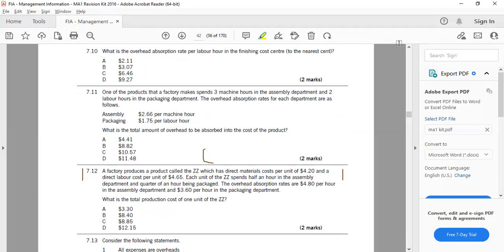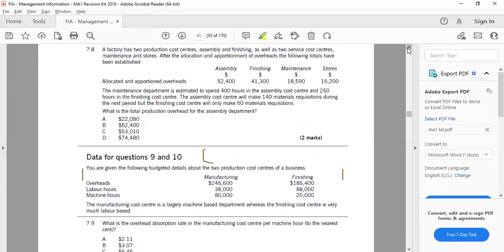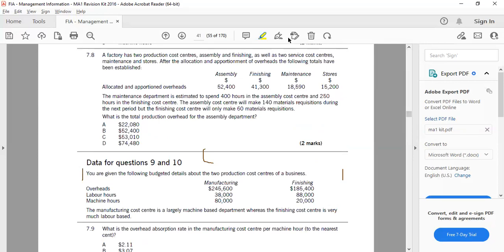What is the overhead absorption rate per machine hour in the finishing cost center? Did you divide this from this, as I told you? So if you divide, what do you get? 2.2106. So which is 2.11, which is it?